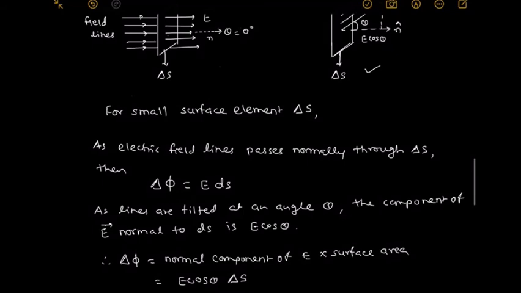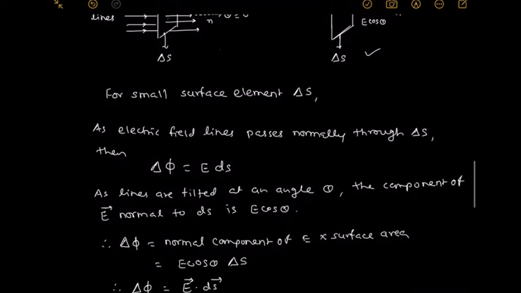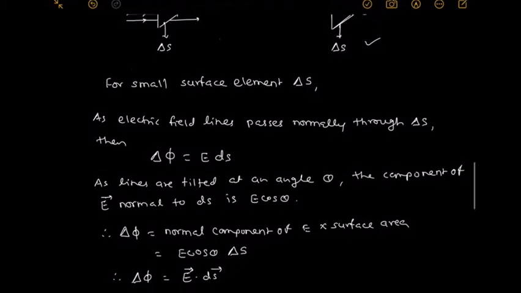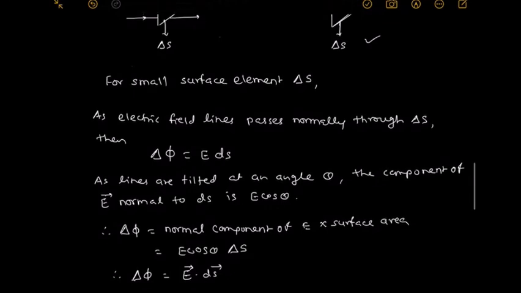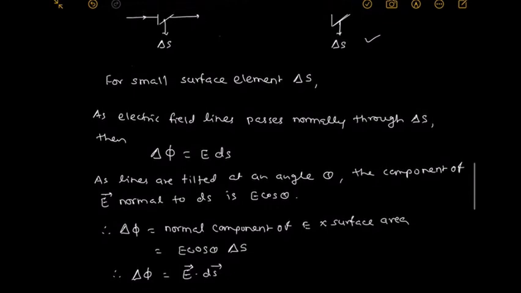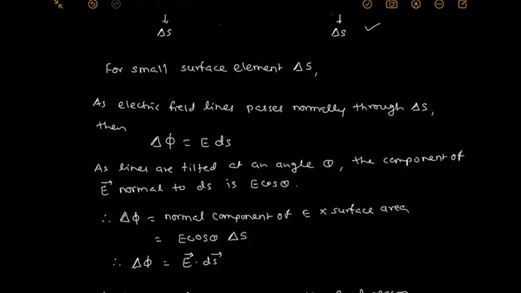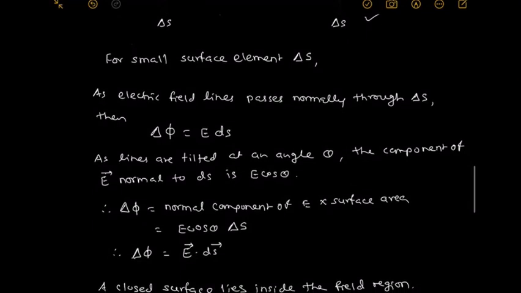The normal component is E cos theta, into the small surface element delta S. E cos theta delta S is the dot product of the two vectors, vector E dot vector dS. The dot product of the two is the small electric flux through the small surface element, and it is a scalar. Hence, this is for a small surface element.